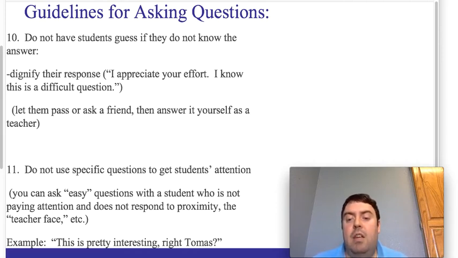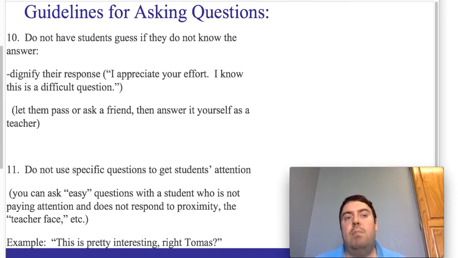And it could confuse the students who are paying attention because they're hearing a bunch of wrong answers from students who weren't paying attention. However, another way to do this is to give them a really basic, simple yes or no question that is really straightforward that everyone can answer even if they weren't paying attention. And this can bring the student back to the lesson and subtly remind the student that you, as the teacher, notice they're getting distracted and off task.